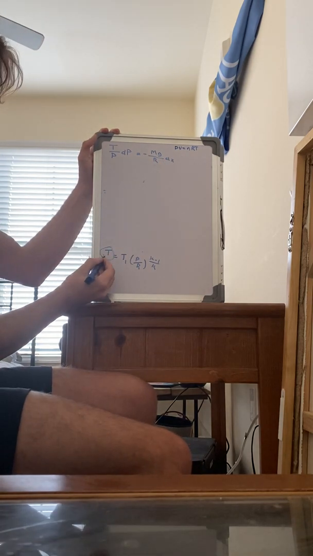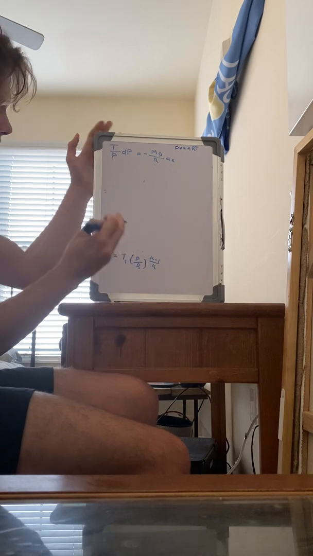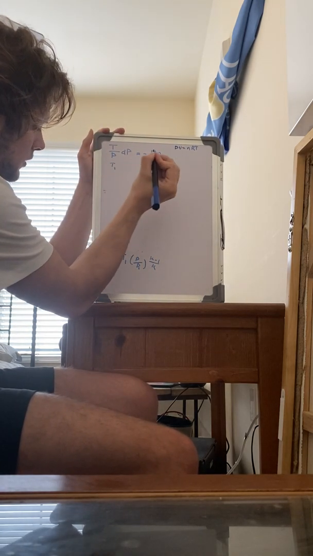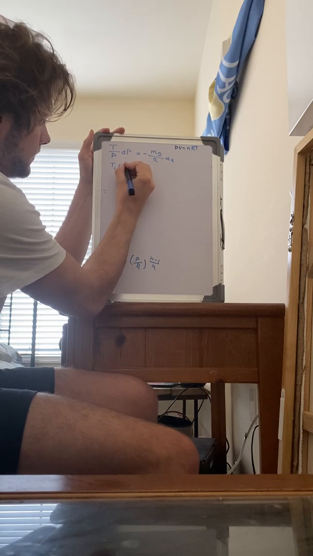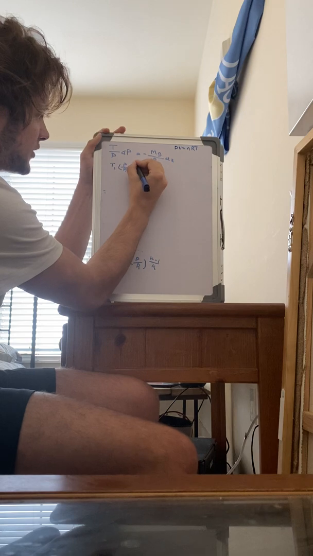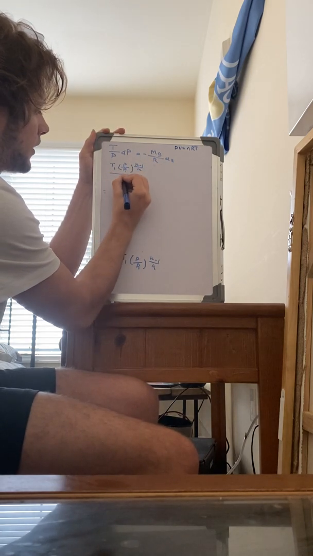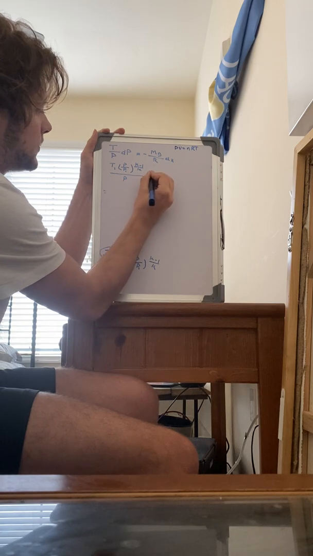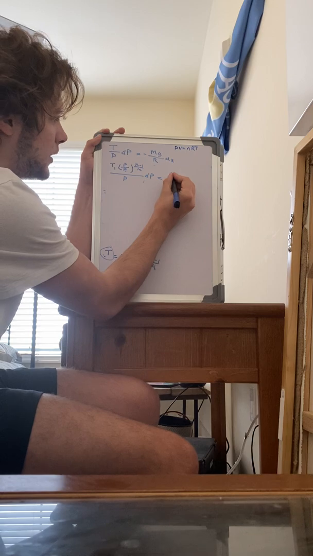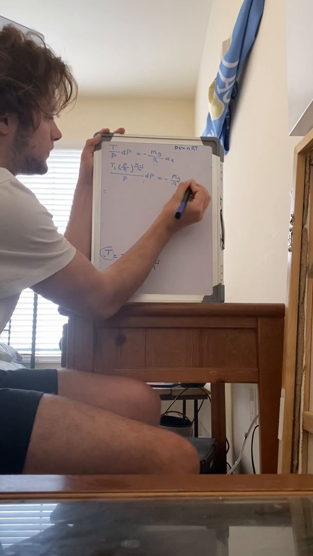And then I can now plug this T in for this T. So I get T1 times P over P1 to the K minus 1 over K, all that over P times dP, and that's going to equal negative mg over r dz.